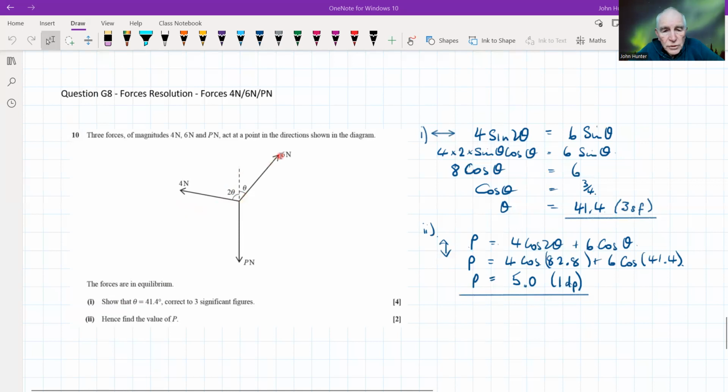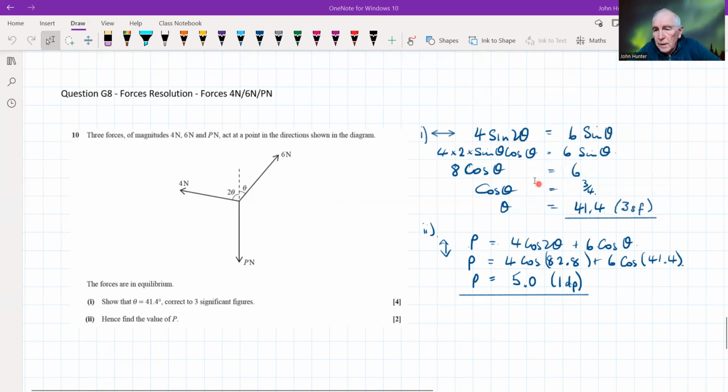And then if we resolve the 6 horizontally, similarly we've got 6 times sine theta. So those two are in equilibrium. The whole thing's in equilibrium, so it's in equilibrium horizontally. So we've got this equation: 4 sine 2 theta equals 6 sine theta.